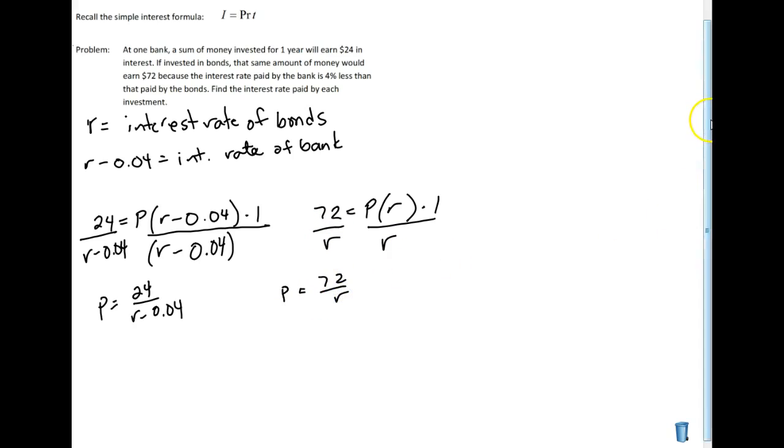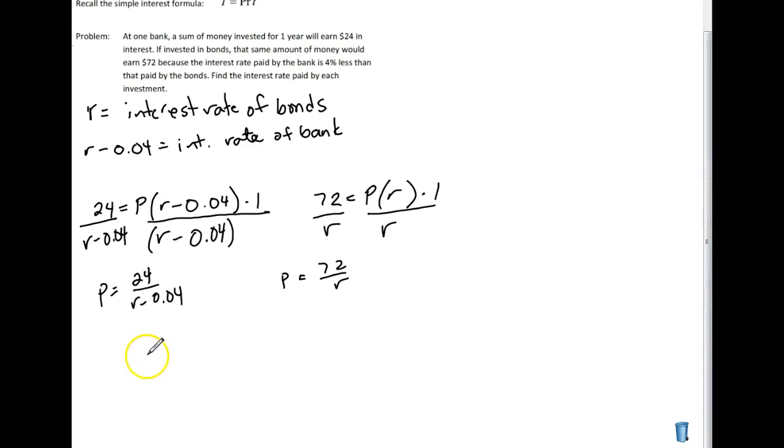Now, as I was just saying, the principal amount is the same for both of these scenarios. So 24 over R minus 0.04 should equal this P, 72 over R. And we're going to solve that.